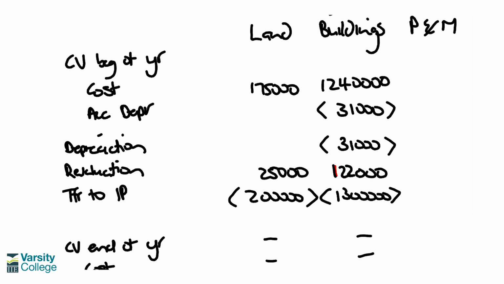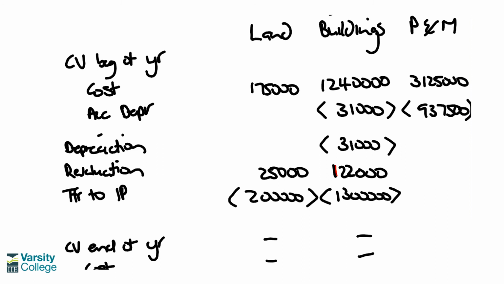Let's look at plant and machinery. We were given the figures at the beginning of the year, so no challenges there, 3,125,000 and 937,500. And these figures will all be worth probably half a mark each, so it's marks for jam if you know your format.